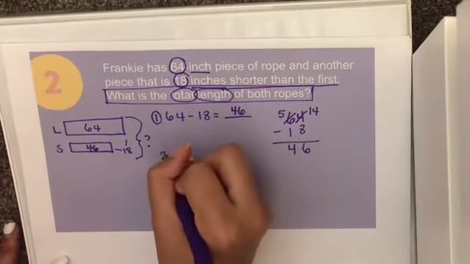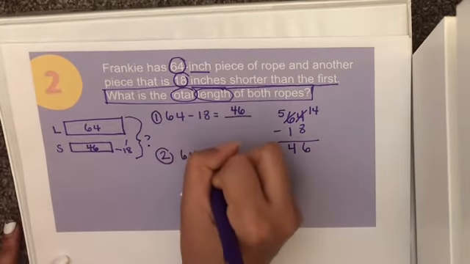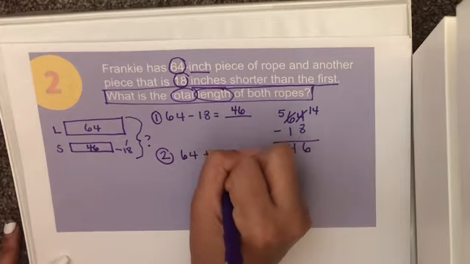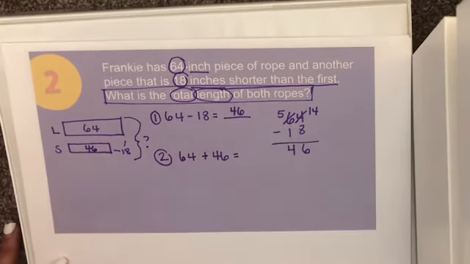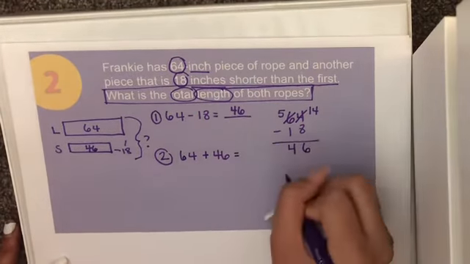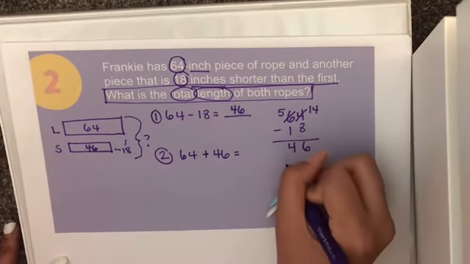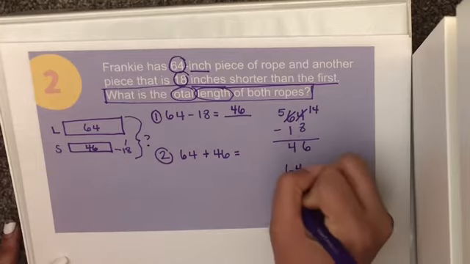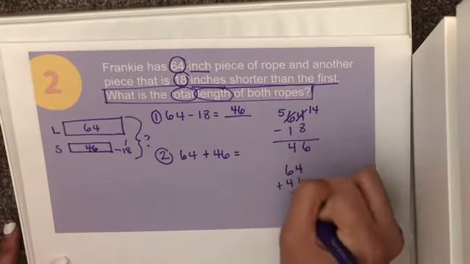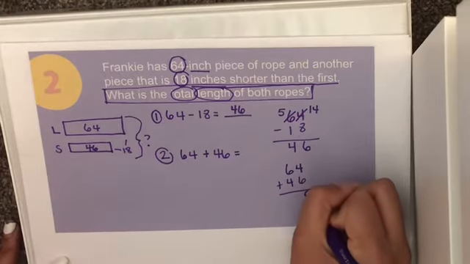So I'm going to go ahead and say that 64 plus 46 gives me, let me put it in vertical form as well, so that way I'm double checking my work. 64 plus 46. 4 plus 6 is 10.